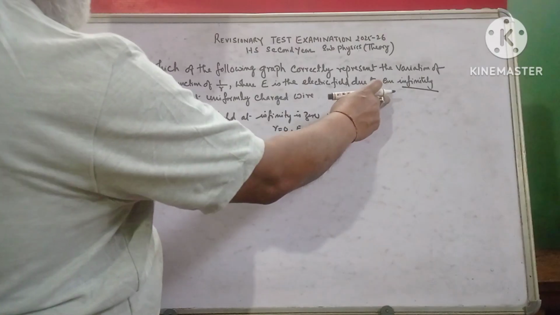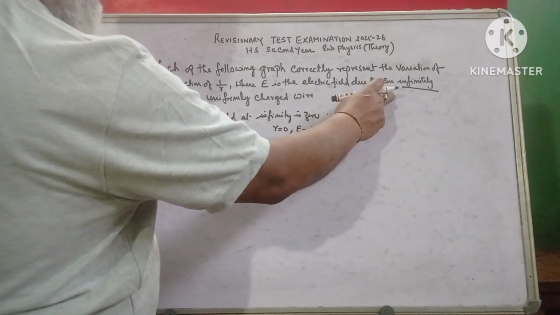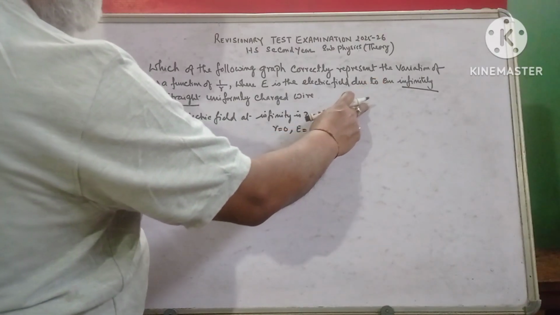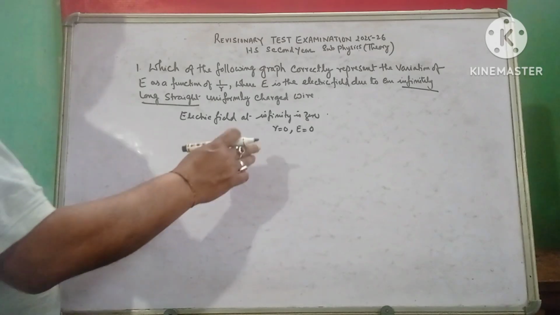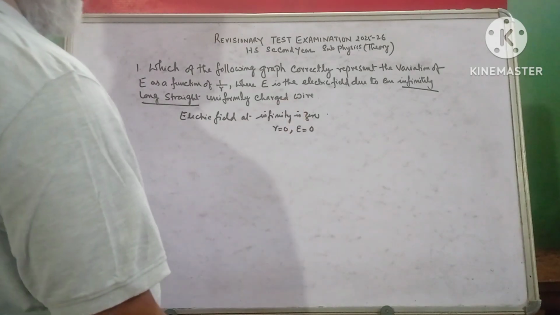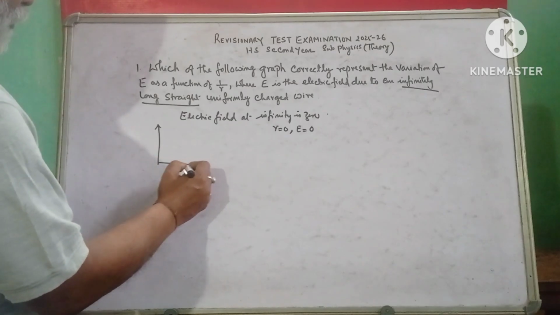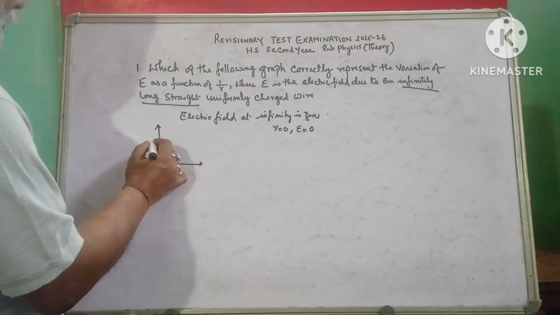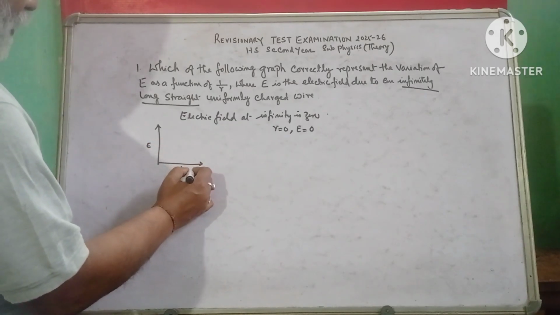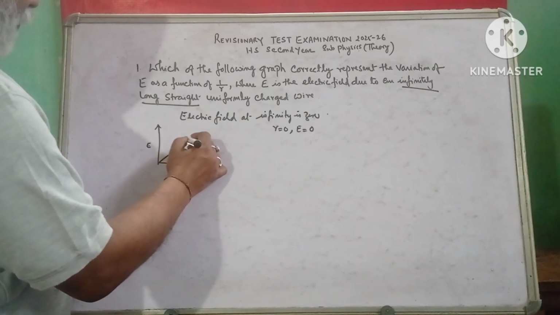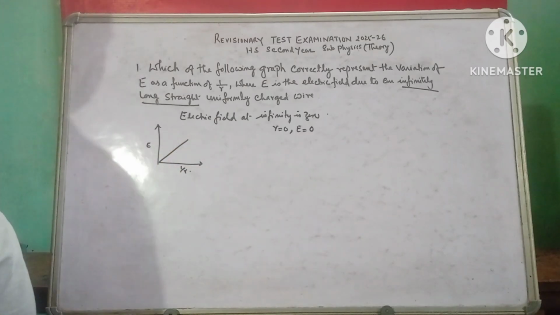As we move from infinity, the electric field increases. So for E versus 1 by r, your graph will be this straight line.